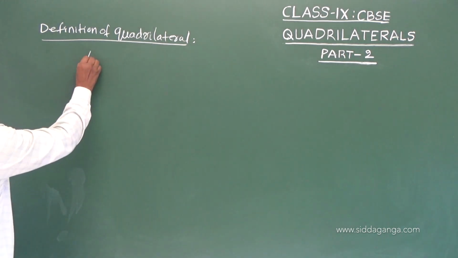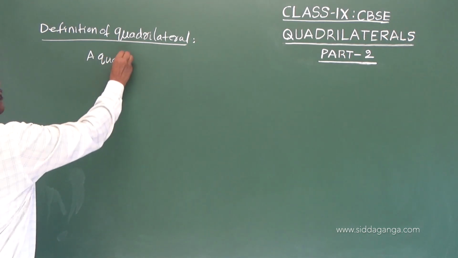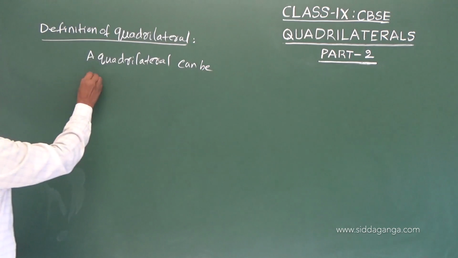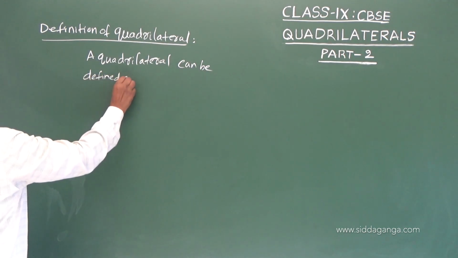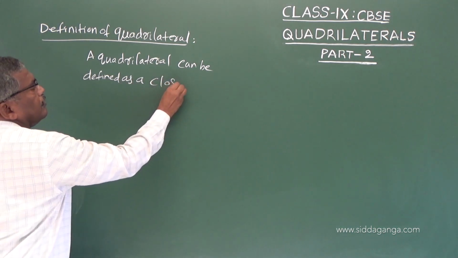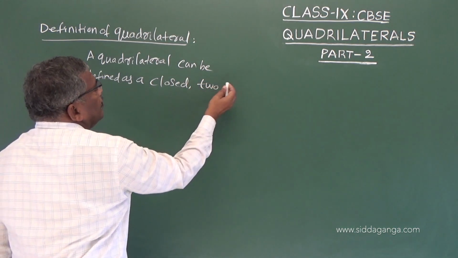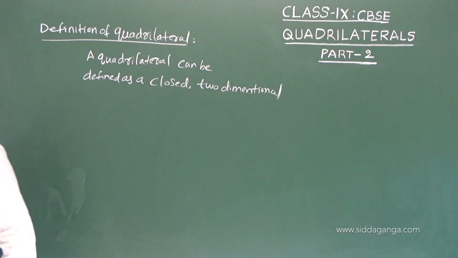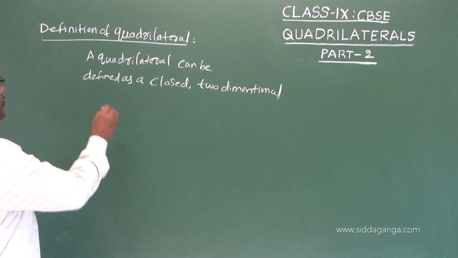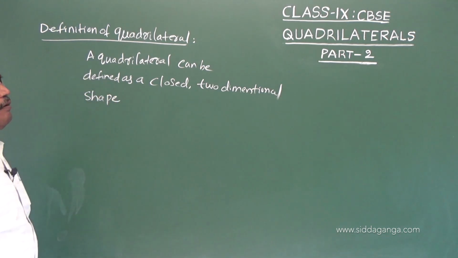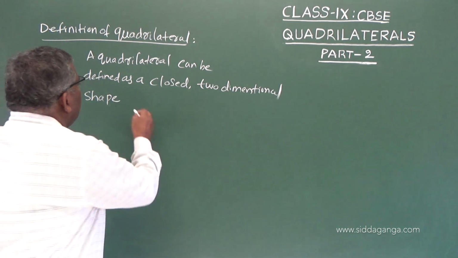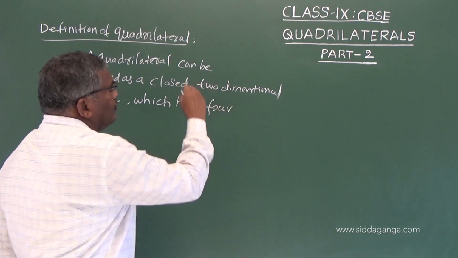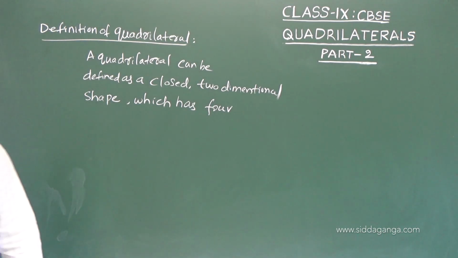A quadrilateral can be defined as a closed 2-dimensional shape which has 4 straight sides.